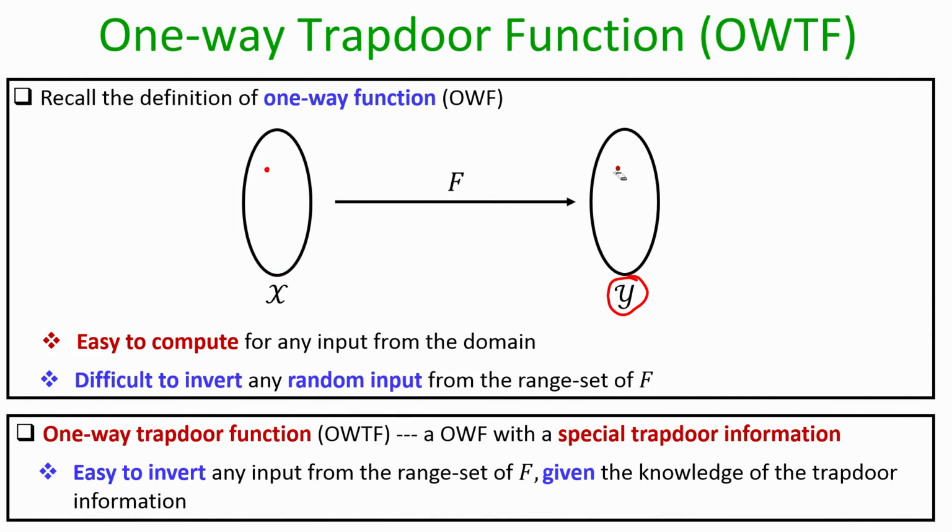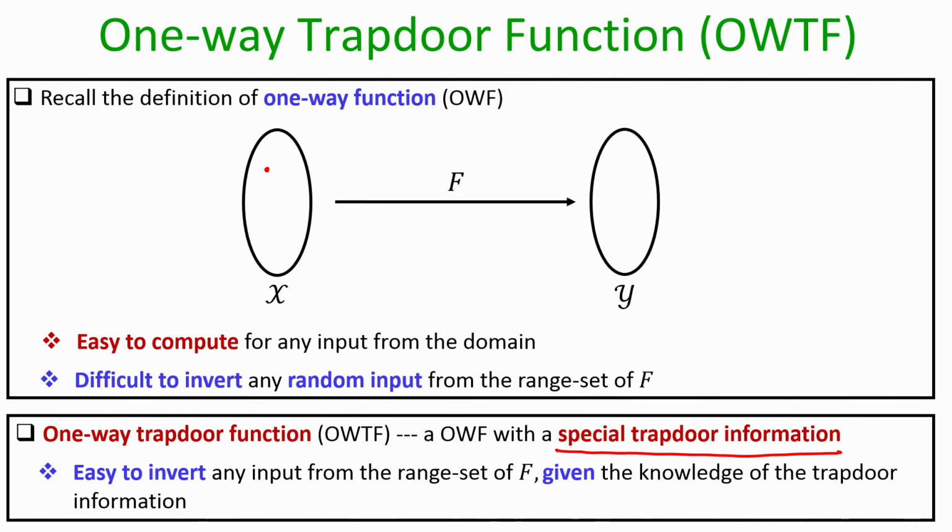Now, what exactly is a one way trapdoor function? It sounds like a special type of function, and indeed it is a special type of one way function which also has an associated trapdoor information. And what is this trapdoor information going to help you with? Well, it helps you to invert any input from the range set of the function f, provided you have knowledge of the trapdoor information.